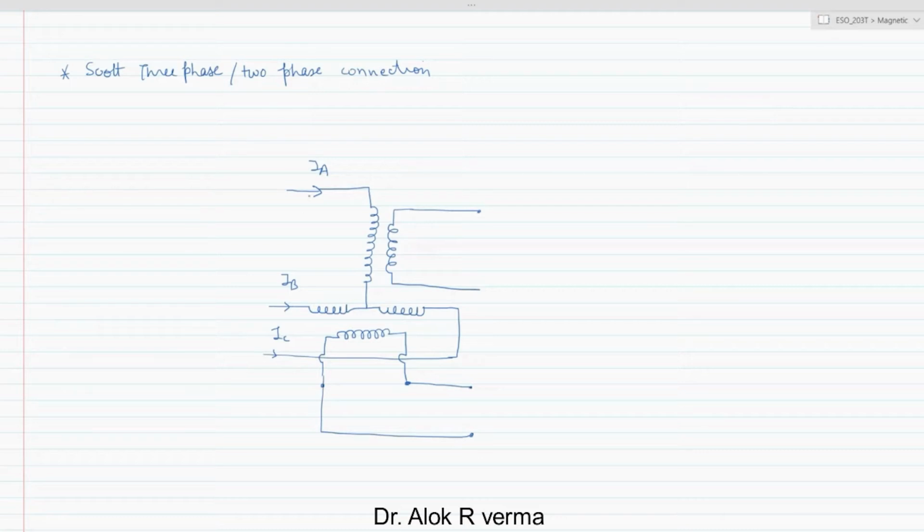These are the three-phase values, and this is V2T and V2M. So this is the main transformer, and this is the teaser transformer or the auxiliary transformer.